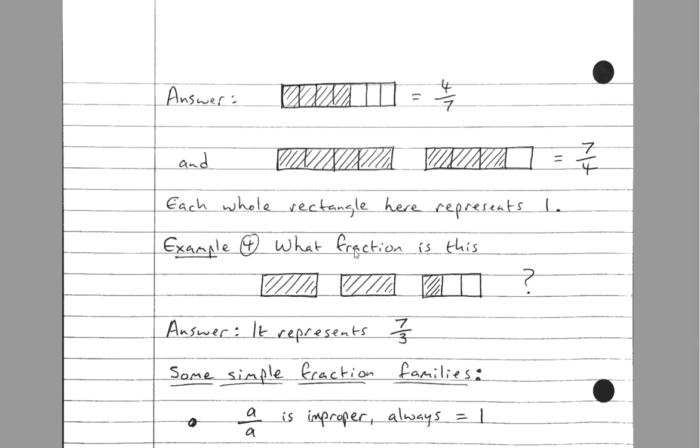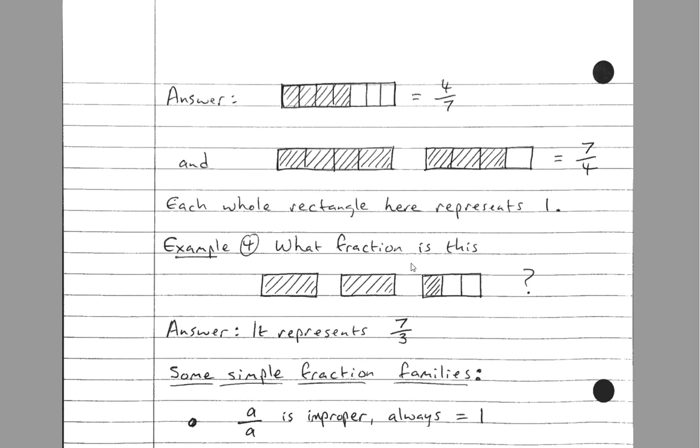Example 4, what fraction does this picture represent? Okay, so we have a whole rectangle, another whole rectangle, and this rectangle is divided into 3 equal pieces with one of them shaded.